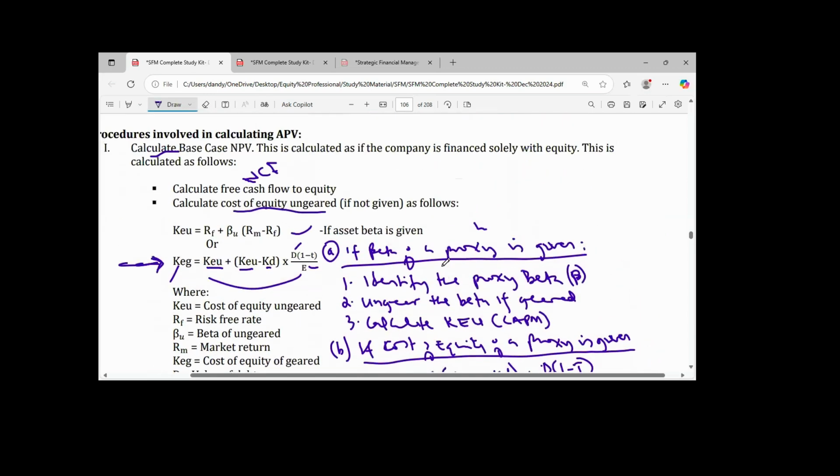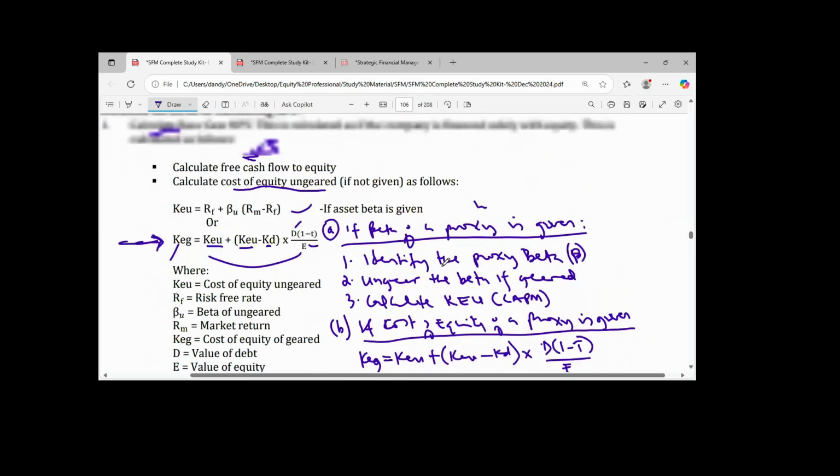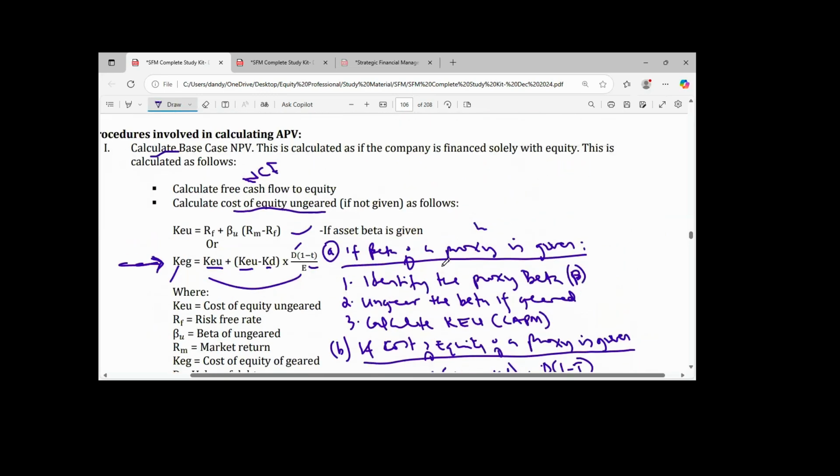These are the three ways in which you can calculate the cost of equity ungeared. After you have computed it, remember, I said there are 4 procedures of calculating base case NPV. The first step is to calculate net cash flow, NCF.